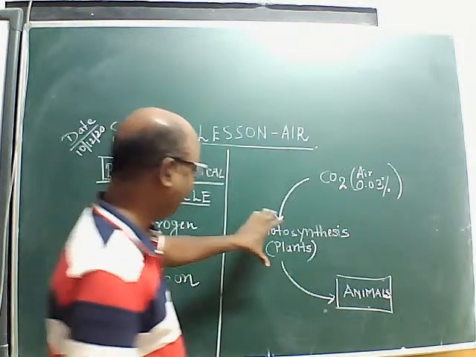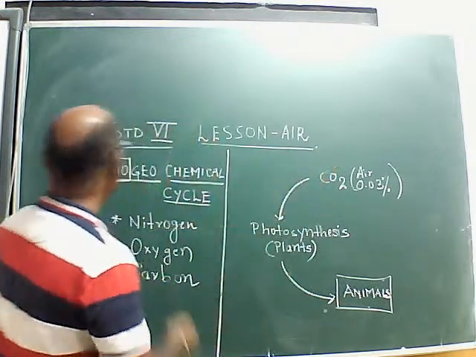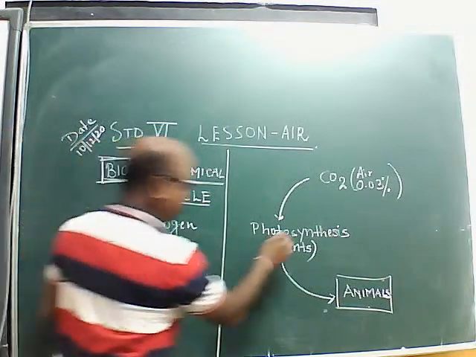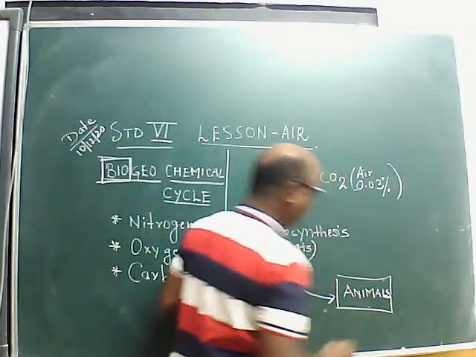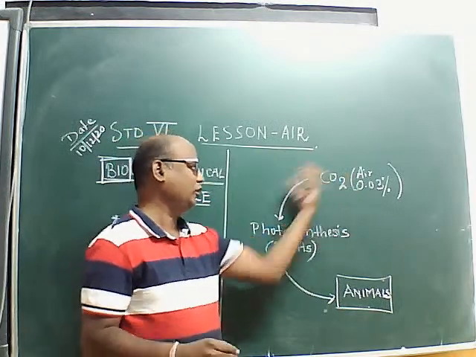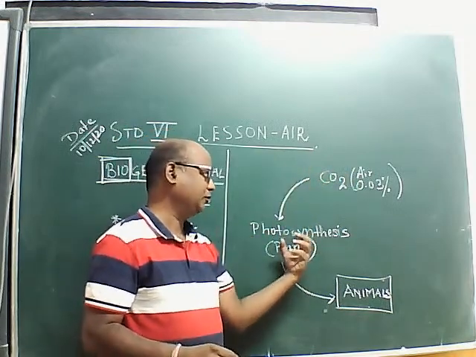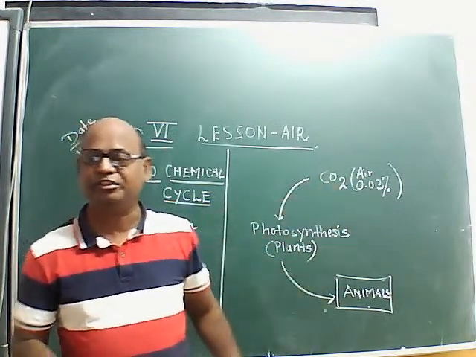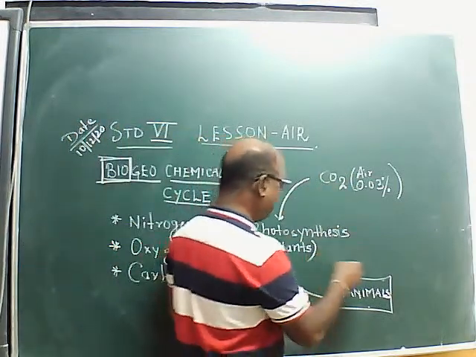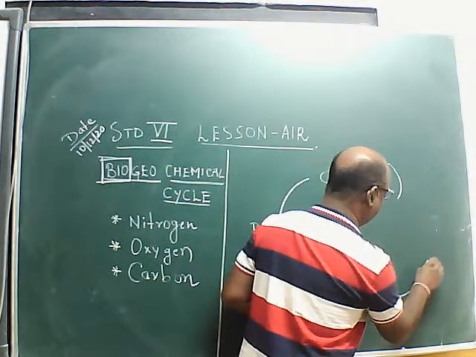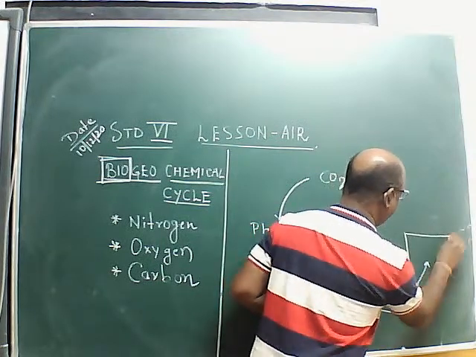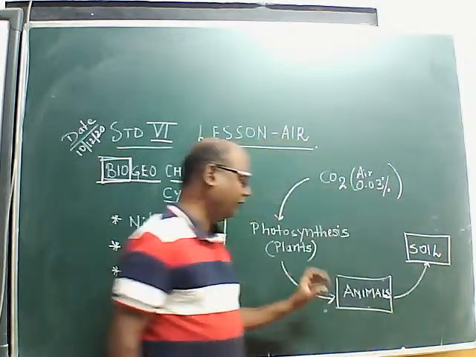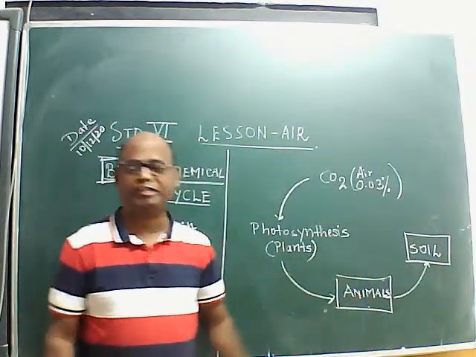So like that, this carbon dioxide goes into the biological world, that is plants and animals. Now if we keep on using up this carbon dioxide, the carbon dioxide would become 0% here. But that is not happening, because after the death of plants and animals, their dead bodies mix with the soil. In the soil, decomposition of their dead bodies takes place.